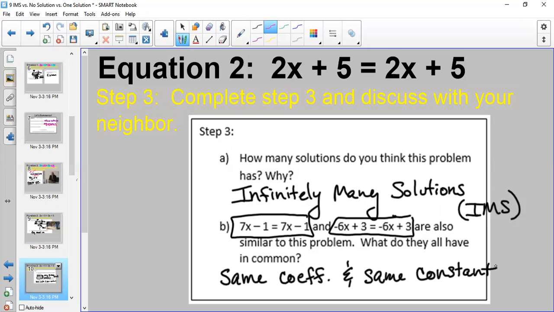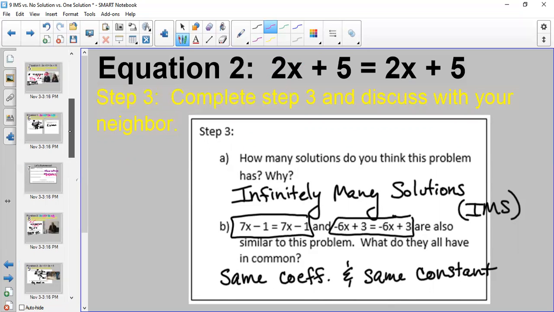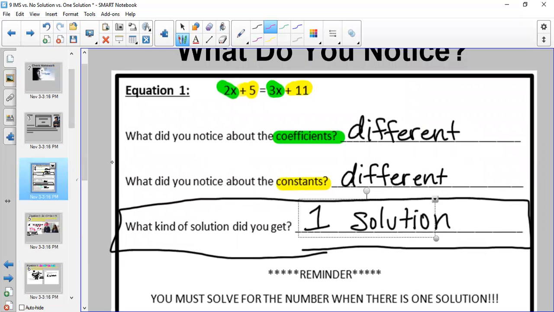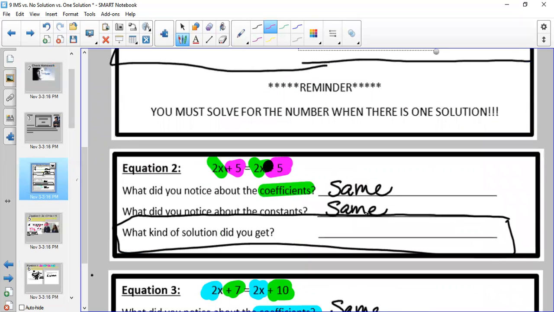So same coefficient and same constant gives us an answer of infinitely many solutions. Okay, so I'm going to fill that back in on the first page that we started filling out. Different was one solution. Same was infinitely many solutions.